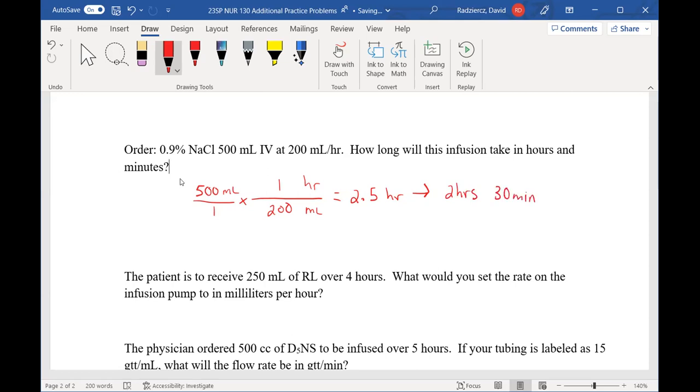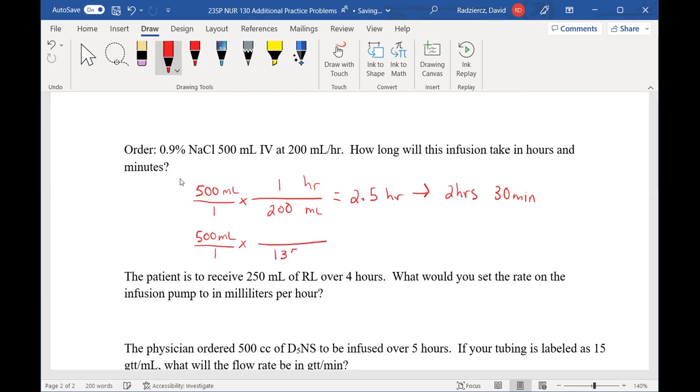But what if it wasn't an equal number, like 2.5? Let's try a different example. So let's say I have 500 milliliters and it's infusing at, let's say, 135 milliliters per hour.